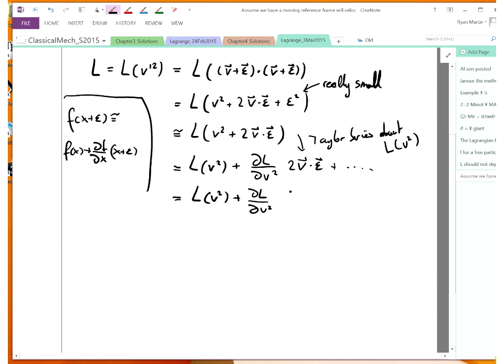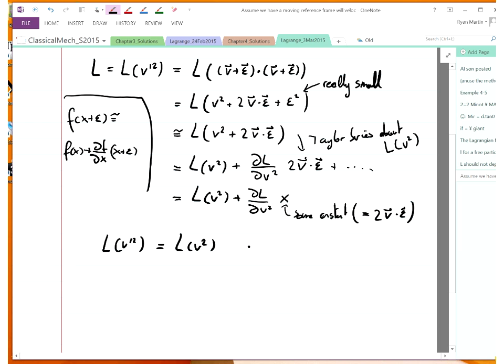I'm just going to say it's L of V squared plus ∂L/∂(V squared) times 2V dot epsilon, so that's really a constant. It's a scalar product between the speed of the particle and the speed of your reference frame. Everything is constant, so 2V dot epsilon is just some other constant I don't want to carry around. I'm just going to call it X.